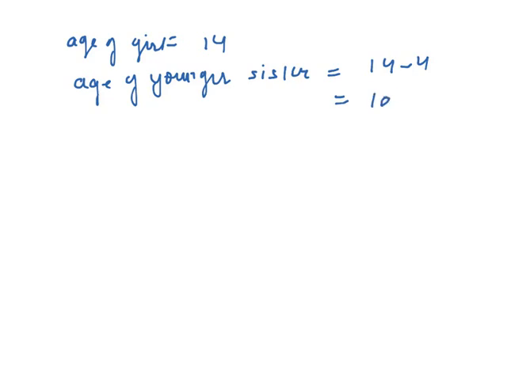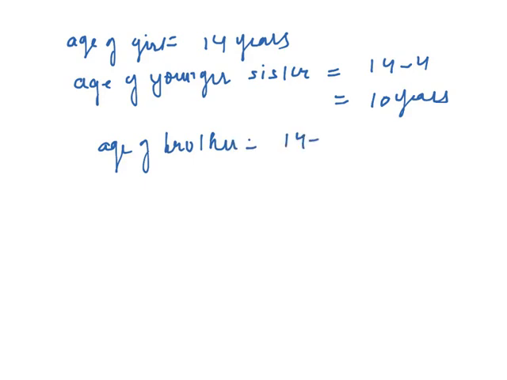It will be 10 years. Age of girl is 14 years and age of brother is x minus 8, which means 14 minus 8. It is 6 years. So now we have three children of 14, 10 and 6 years.